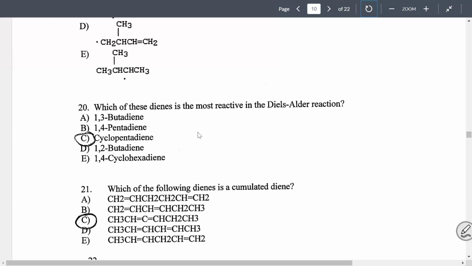Okay, 20. What chapter is that from? It's 13. Diels-Alder, my favorite reaction, was in 13. So we're talking about dienes and they're asking for the most reactive one. What was the requirement for dienes? Double bonds have to be super cis, exactly. C is the only one that would be the most reactive, since it's cyclic, so it stays locked in that super cis configuration.